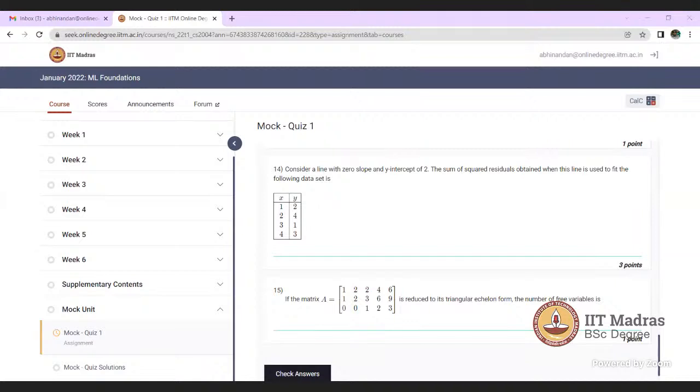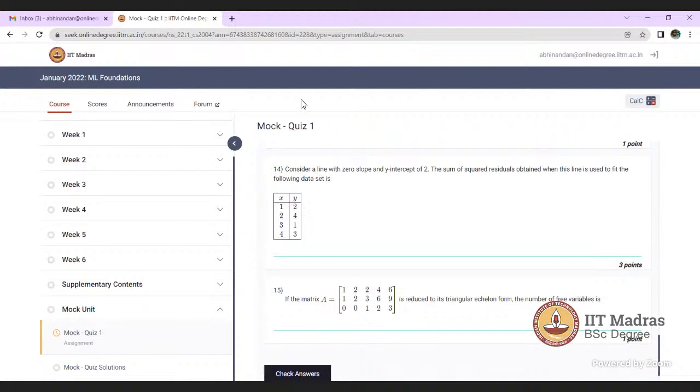Is there any PA or GA question like this? I don't think so. A similar question was there. Yeah, so in Solve with Instructor, we have covered a very similar question. So ma'am, if you want to take it, or shall I proceed? For this question, question number 14, consider a line with 0 slope and y-intercept 2, the sum of squared residuals obtained when the line is used to fit the following data set.